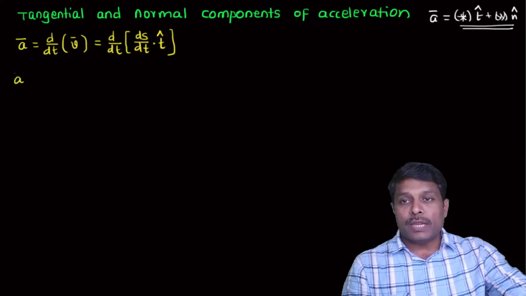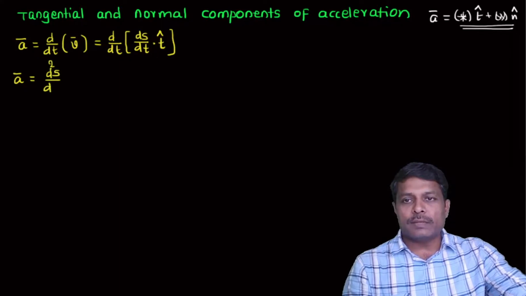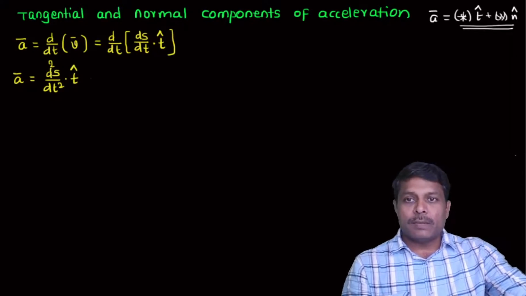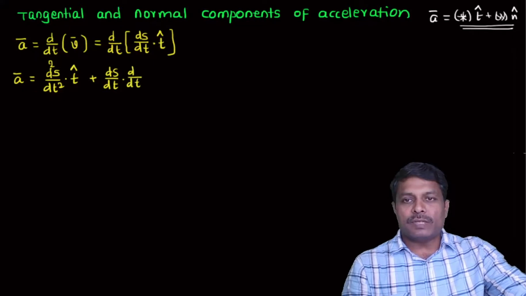One is a scalar quantity and another is a vector, and I am taking the differentiation by using the product rule. So a bar is equal to the derivative of the first quantity, d2s by dt square, keeping the second as it is, plus keeping the first quantity ds by dt as it is, into d by dt of t cap.